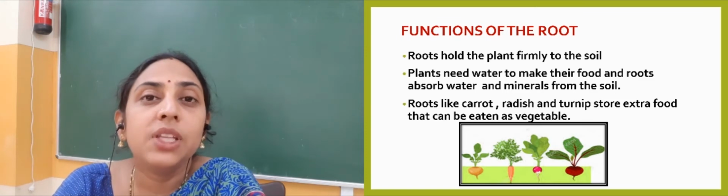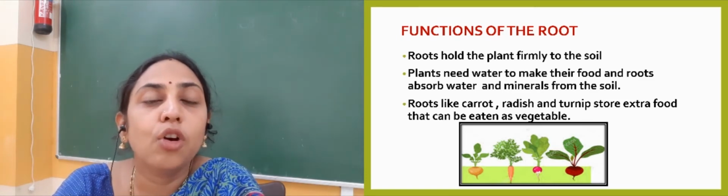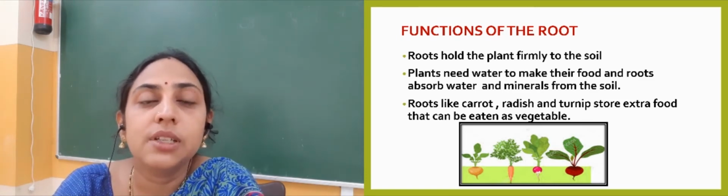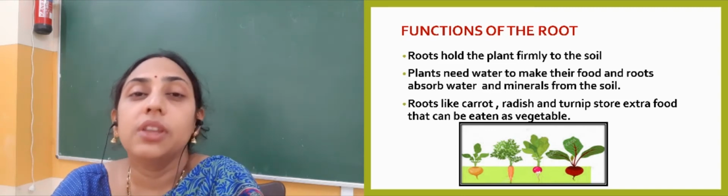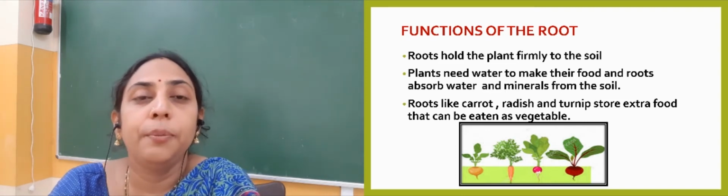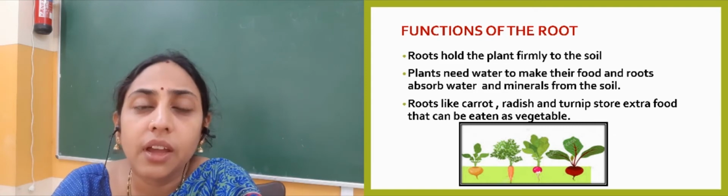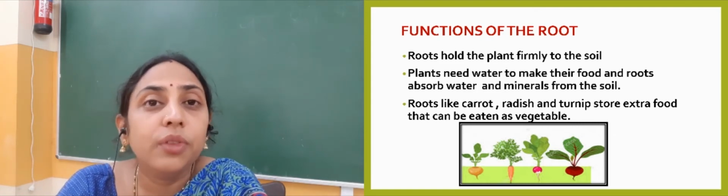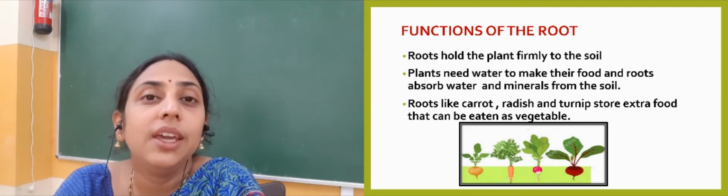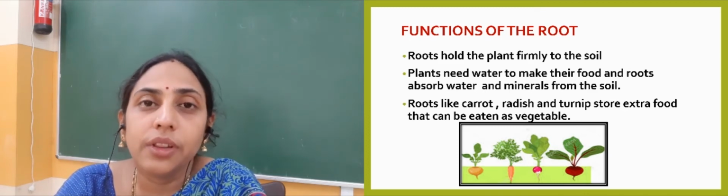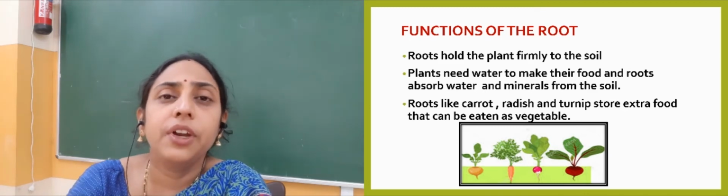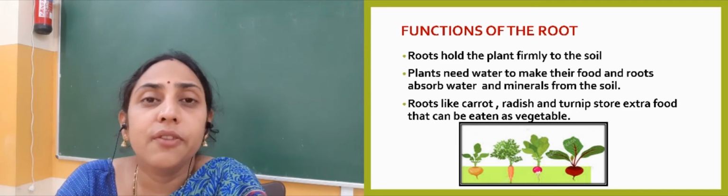They are much fatter compared to the normal roots, right. They are bulged. Why? Because they store the extra food prepared by the plants in them, and they are edible. We eat them, right. So that is how the different plants will have the roots.